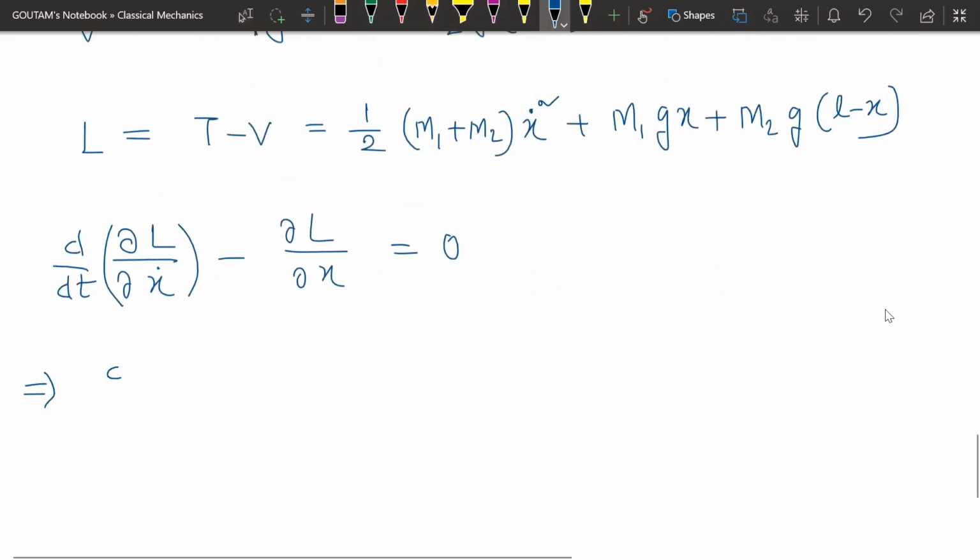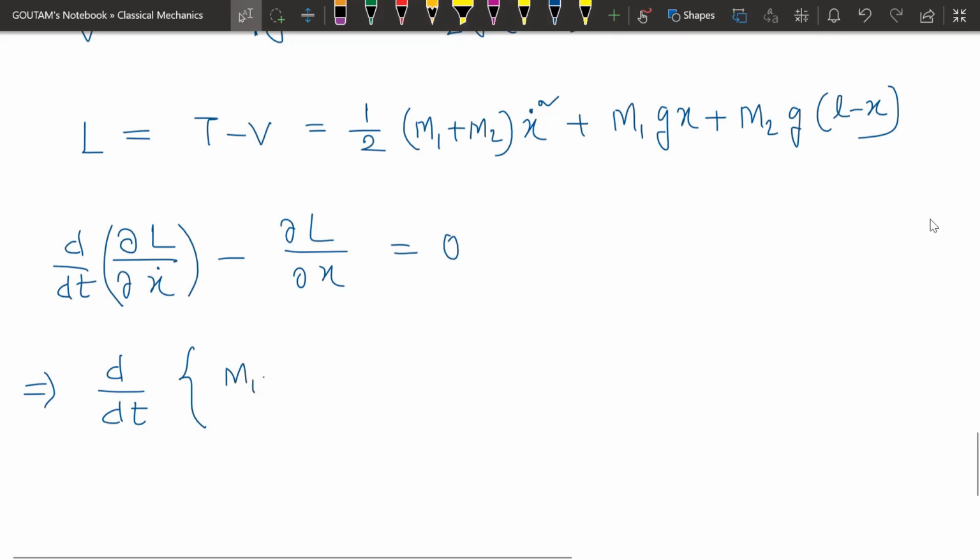So what is del L del x dot? If you differentiate this L with respect to x dot, it will be (m1 plus m2) x dot, so the 2 will cancel.